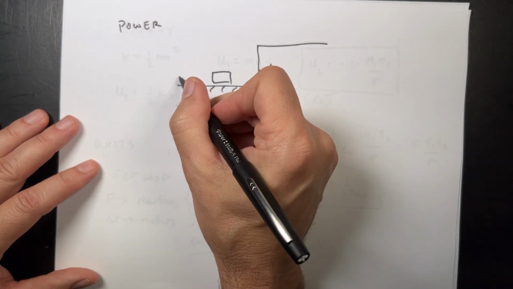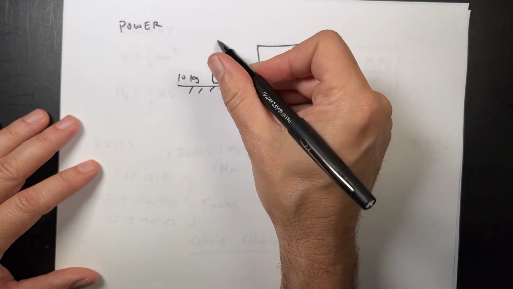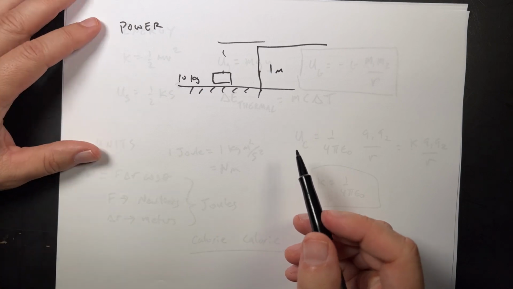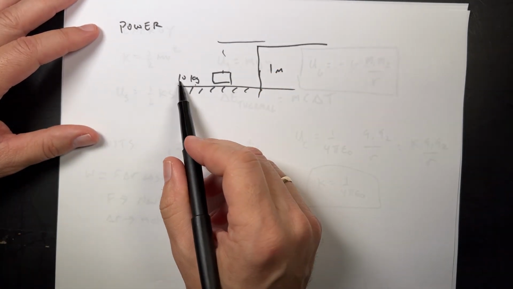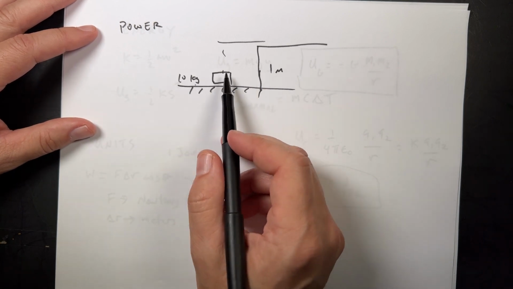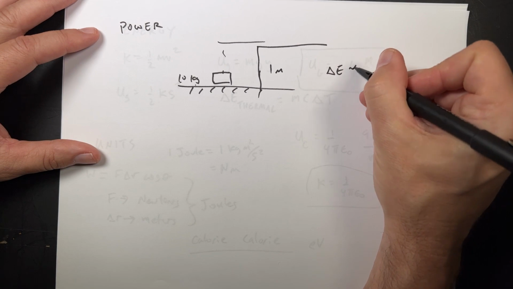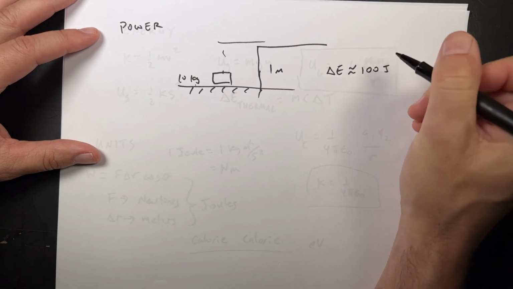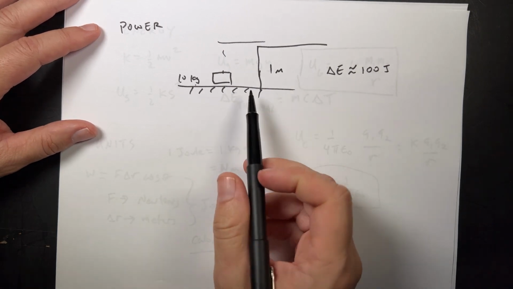Let's say this is a 10 kilogram box. Well, that takes a certain amount of energy, right? I can say the change in potential energy of this is going to be 10 times 9.8 times 1. That's a change in gravitational potential energy. So delta E is approximately 100 joules, right? 10 times 9.8, I'm using 10, times 1. So it's 100 joules to get it up there.